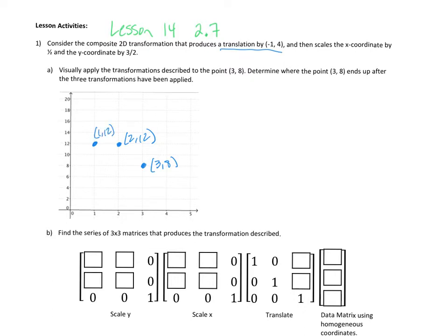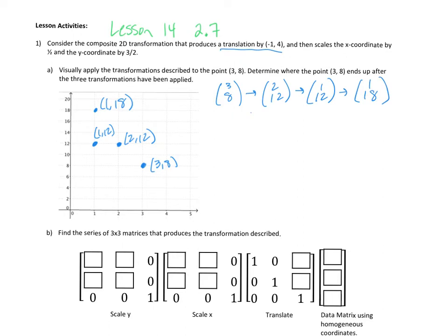And then scale the y-coordinate by 3/2. So 12 times 1.5 is 18. So I'm going to land at (1, 18). So (3, 8) goes to (2, 12), goes to (1, 12), goes to (1, 18).